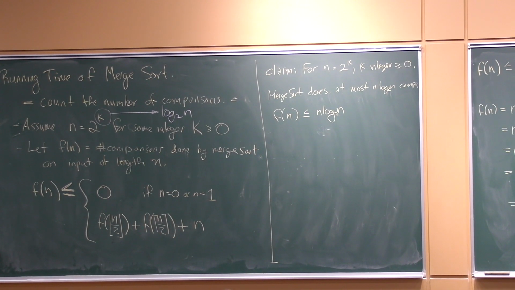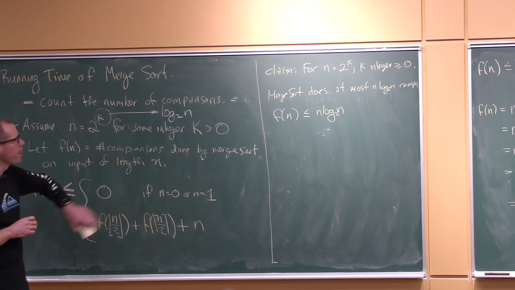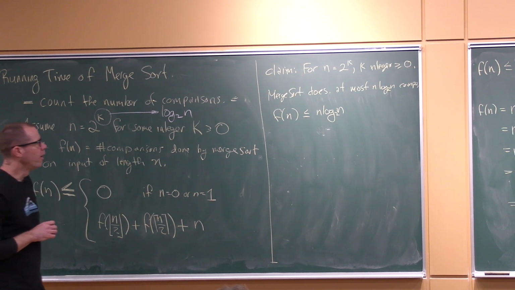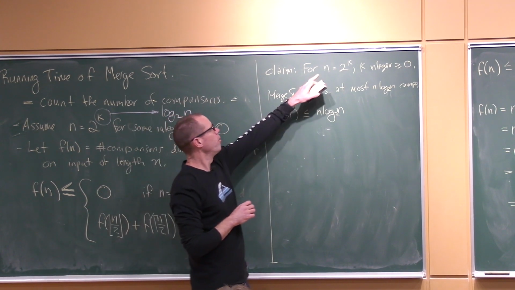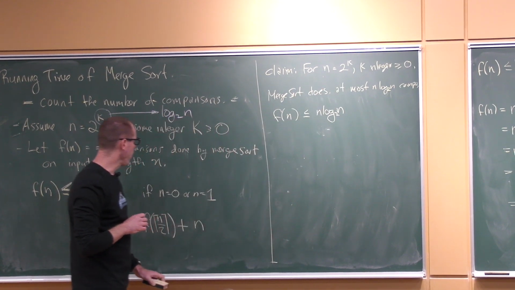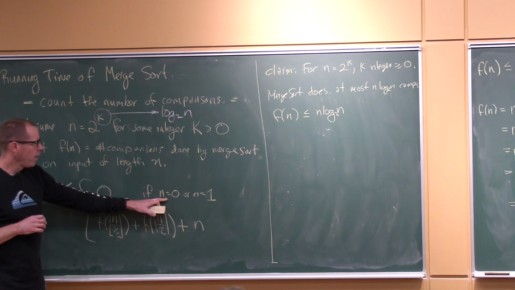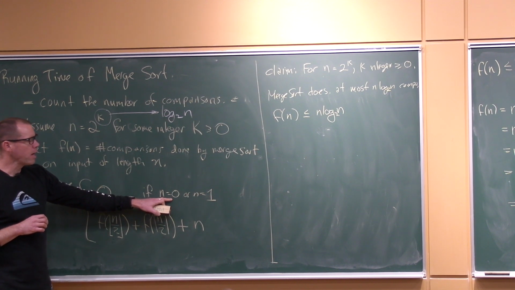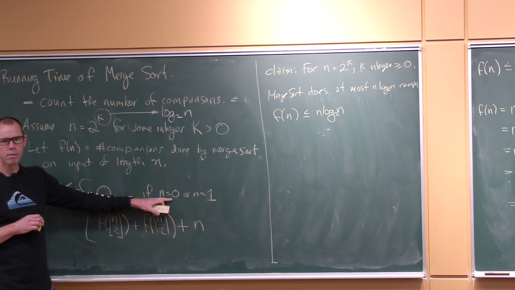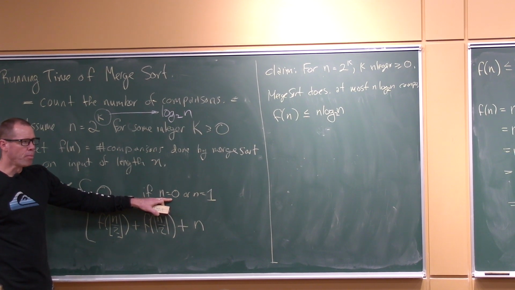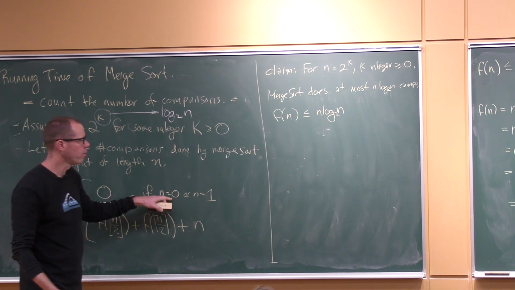So we need to check that for our base cases. And now, because n is equal to 2 to the k, and k is bigger than or equal to 0, the base case n equals 0 never happens, right? We never end up with a subproblem of size 0.